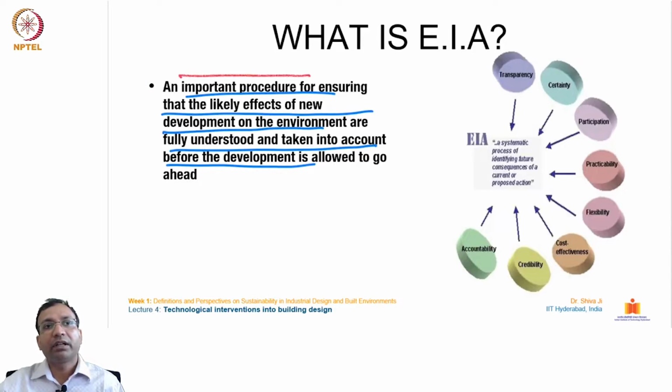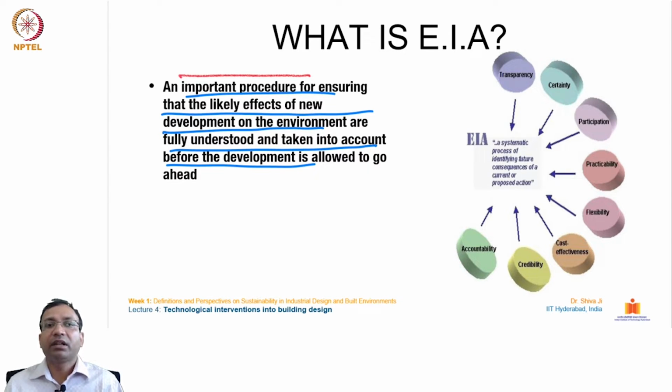So what is actually the job of this EIA? Why do we need this environmental assessment? EIA is an important procedure for ensuring that the likely effects of new development on the environment are fully understood and taken into account before development is allowed to go ahead.